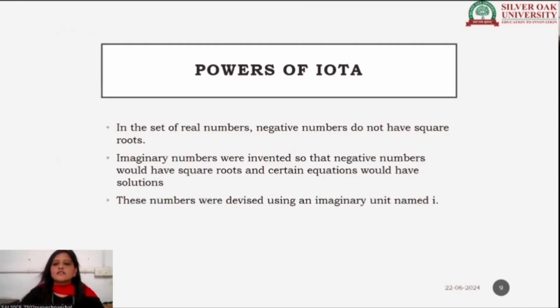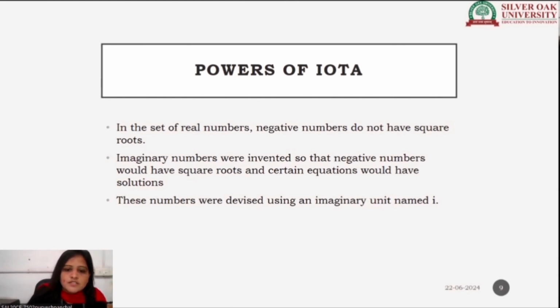Now let us discuss the powers of iota. Here in the set of real numbers, we know that negative numbers do not have square roots. So imaginary numbers were invented so that negative numbers would have square roots and certain equations would have solutions.